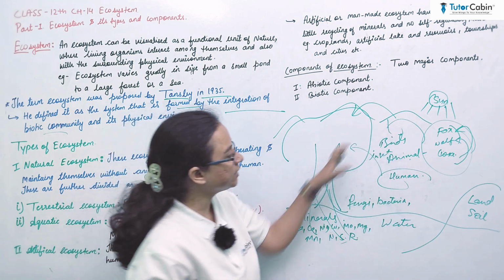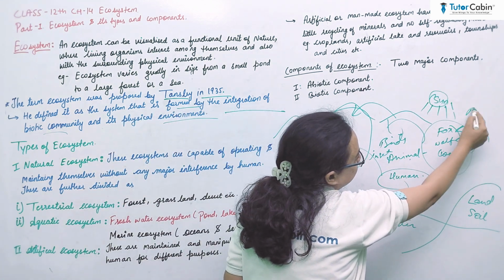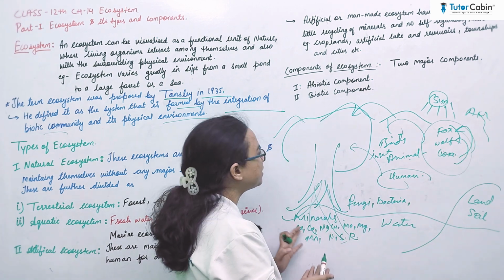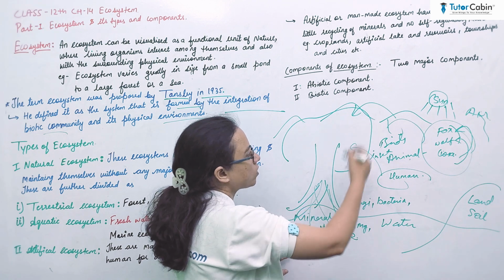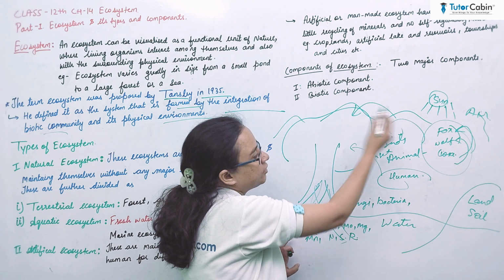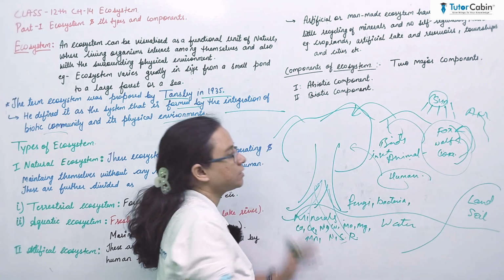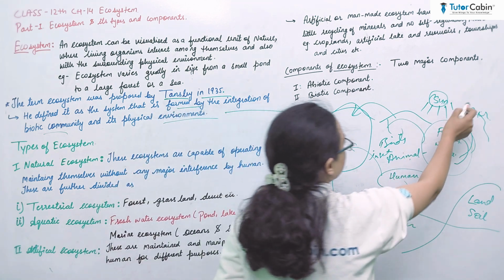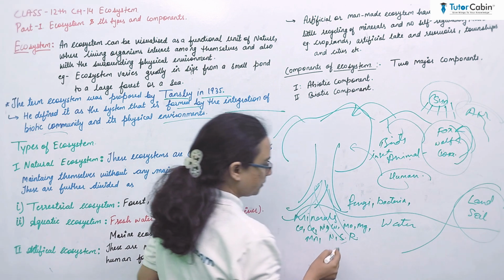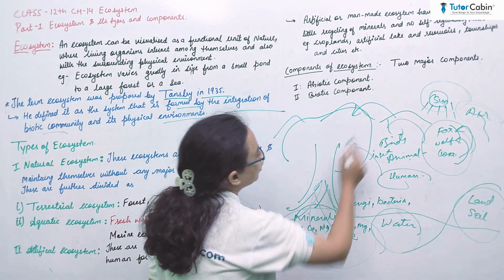In this way, these are the sunlight, air, soil, water, minerals, rocks, as well as animals. Different species of animals and different species of plants form the ecosystem, and these are the abiotic factors: sun, air, land, minerals, water, rock.